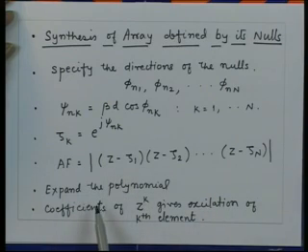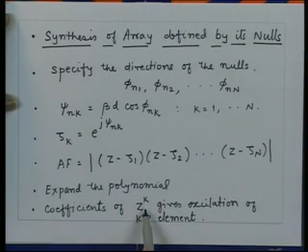Expand the polynomial, you will get now powers of z, get the coefficients of z to the power k, that gives you the excitation of the kth element. So, the synthesis of an array which is defined by its nulls is a rather straightforward problem.